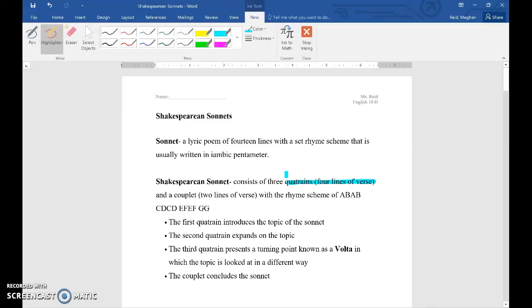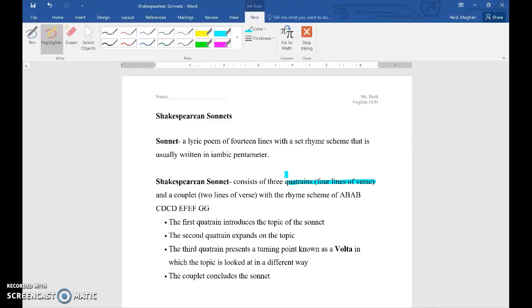When we're talking about poetry, a stanza is a breakdown of lines kind of similar to what a paragraph would be in prose writing. It's a way for us to look at a poem by bits and pieces that are interconnected. So quatrain, quatro, that means 4. So we have 4 lines of verse.